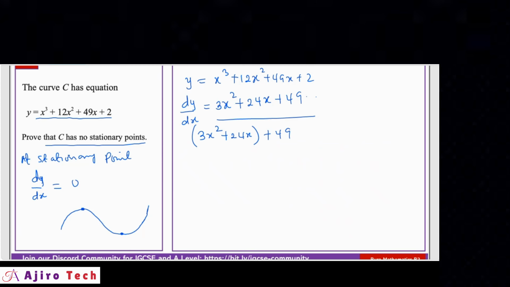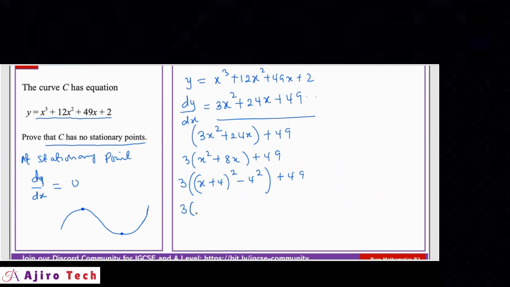So this is going to be 3 into x squared plus 8x, plus 49. So this is going to be 3 into x plus 4 all squared, then minus 4 squared, plus 49.